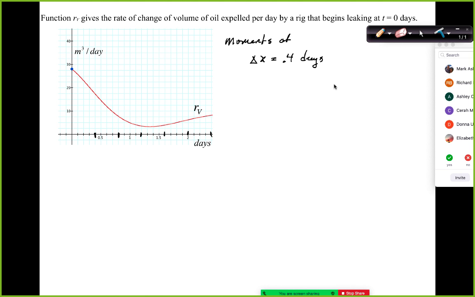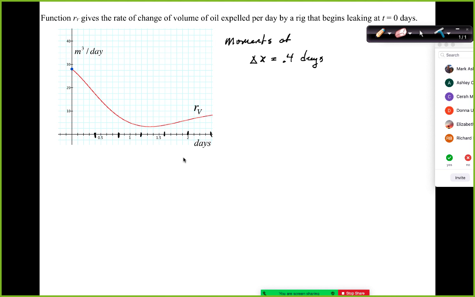So in this case, would we have what we call rate of change at a moment? I say no. Definitely not, right? These are huge moments, and even in this first moment, we got a huge change in the rate, and even down here, this is a big change in the rate.